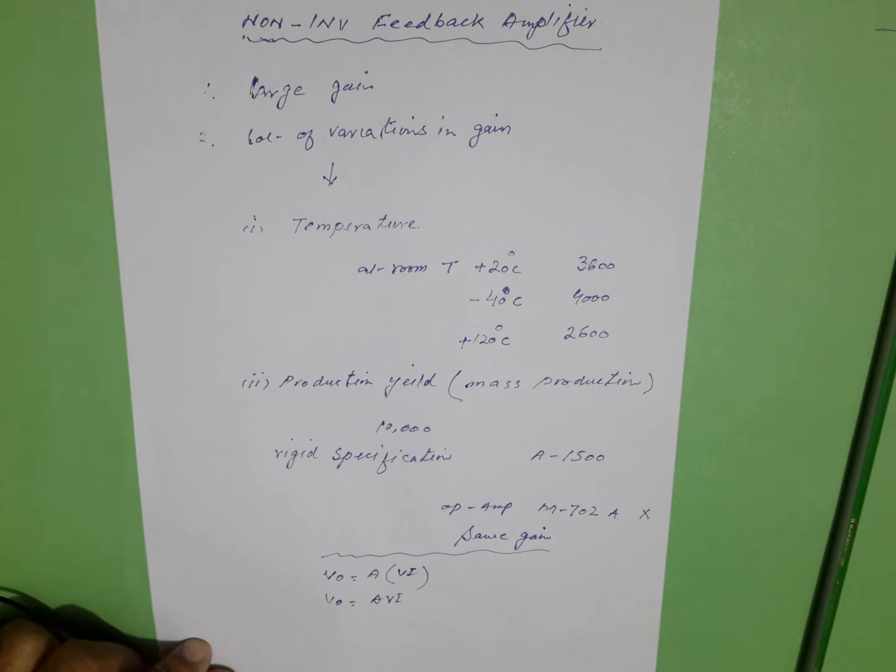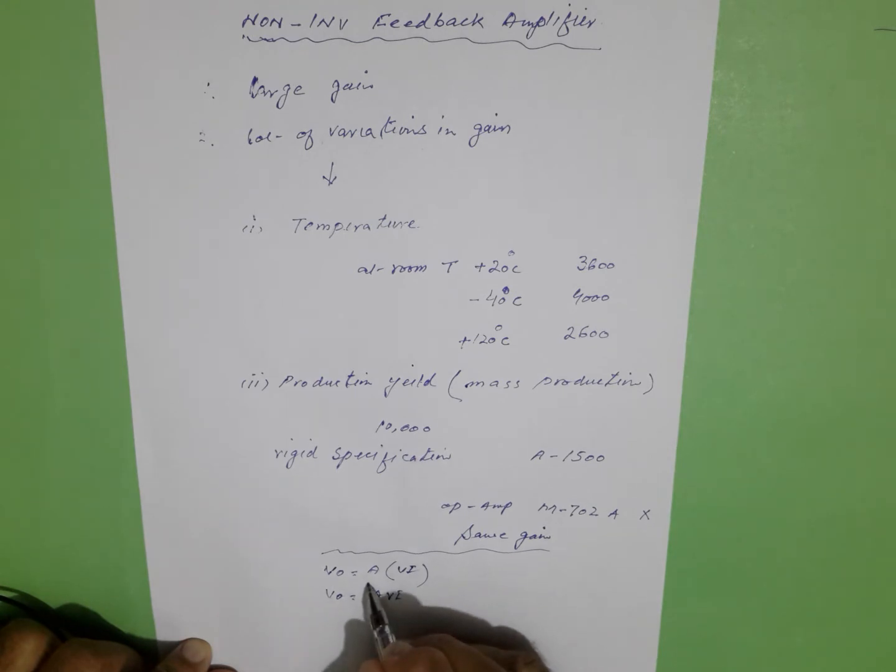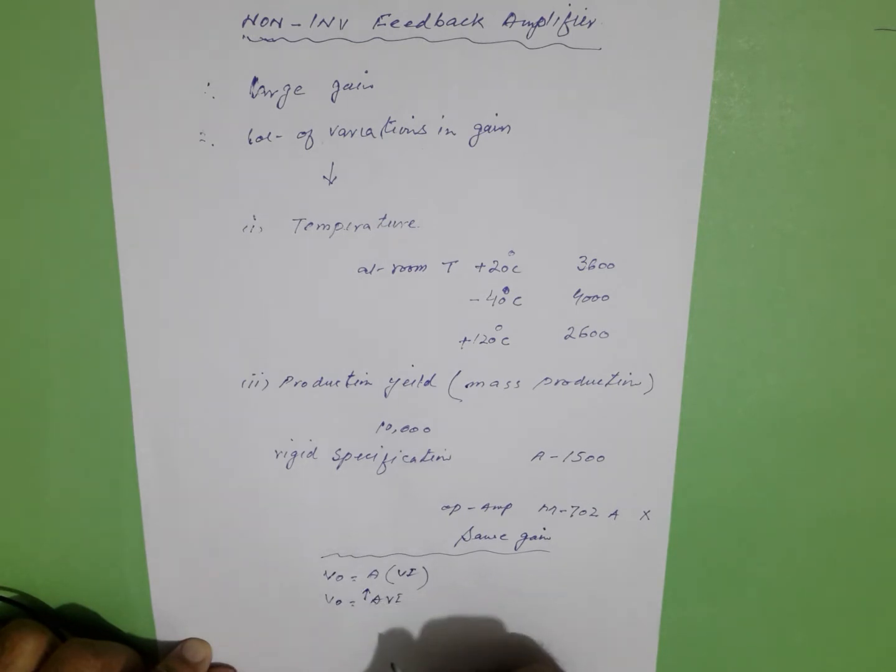Say for example, the output voltage increases because gain increases. Gain rises, gain is going to be high, and we know when gain is high, the output voltage is going to increase.